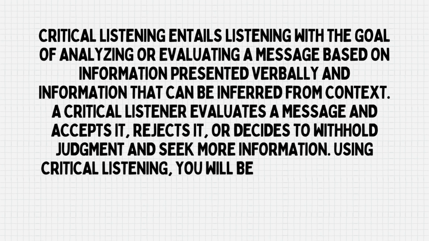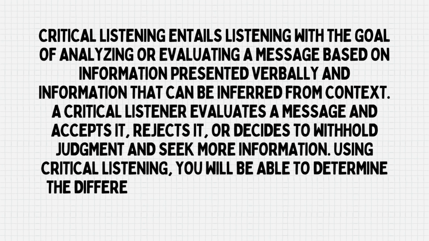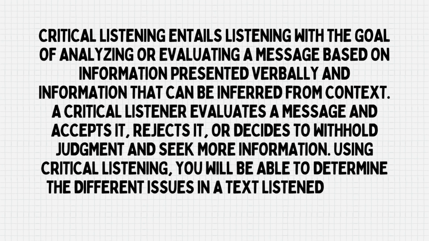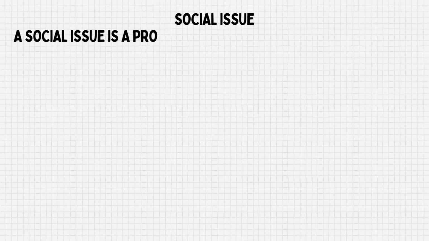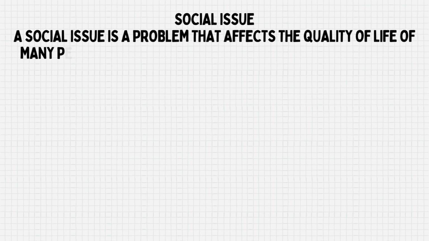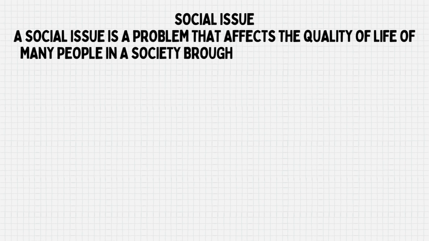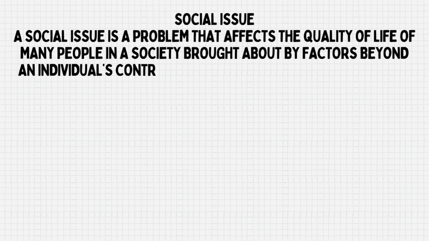Using critical listening, you will be able to determine the different issues in a text listened to, such as social, moral, and economic issues. The first type of issue is social issue. A social issue is a problem that affects the quality of life of many people in a society brought about by factors beyond an individual's control.